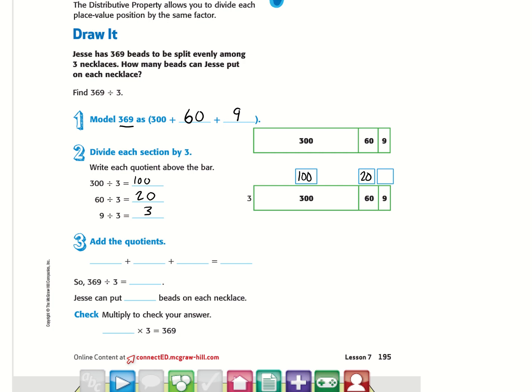So if we add all of these together, we get 100 plus 20 plus 3 equals 123. So it's 369 divided by 3 equals 123. So she can put 123 beads on each necklace.